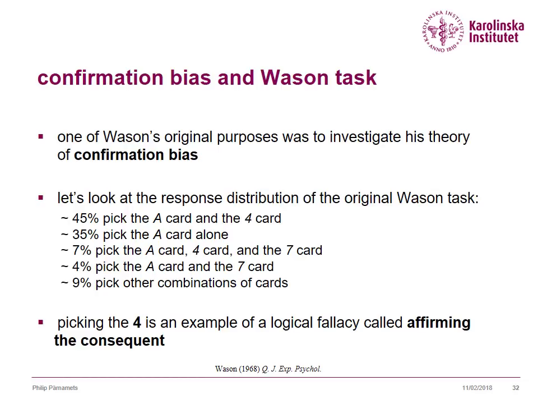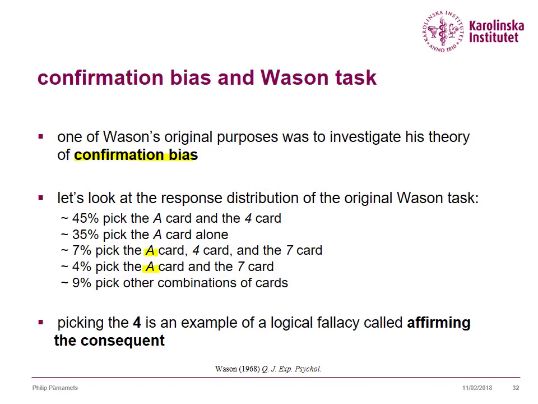The Wason task can also be used to understand another feature of human reasoning called confirmation bias. This was in fact the original purpose for Wason when he was devising the task originally. And to understand confirmation bias, let's introduce it by looking at the response distribution of the original Wason task, which you can see here.